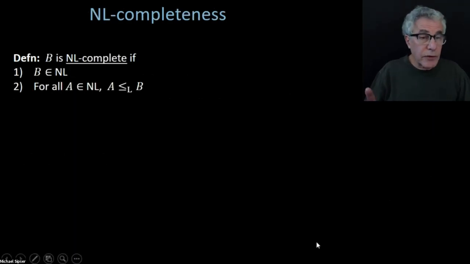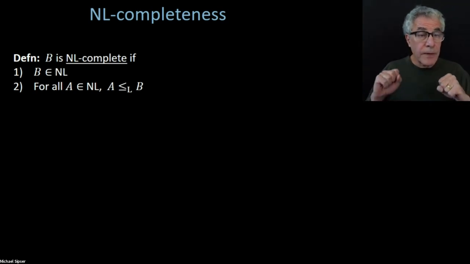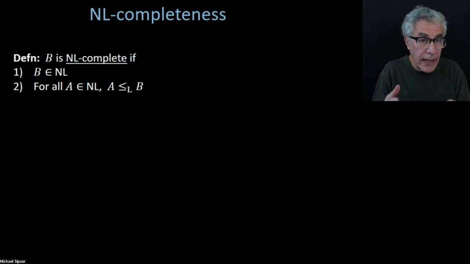Okay, now we're going to shift gears into some new material. We're going to talk about the notion, analogous to the P versus NP problem, where there were these NP complete problems. Now we have the L versus NL problem. There are going to be NL complete problems that capture the essence of NL, the way NP complete problems capture the essence of NP, in that all other problems in NP are reducible to them.